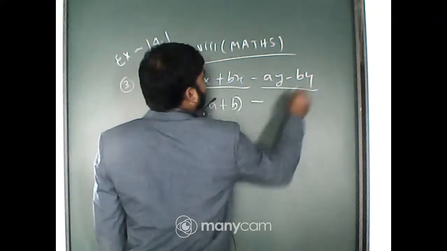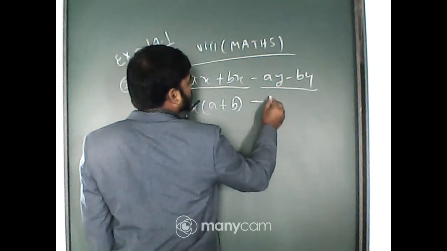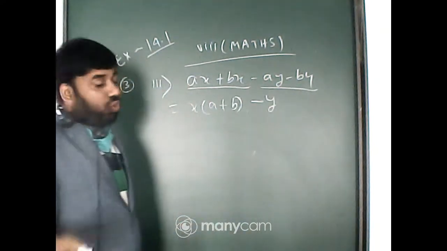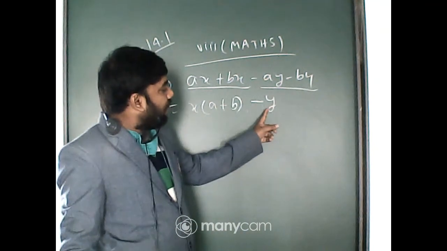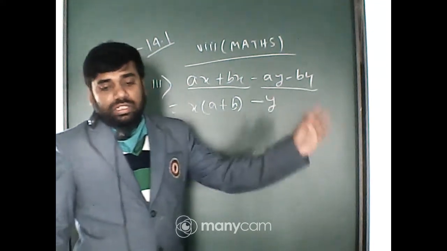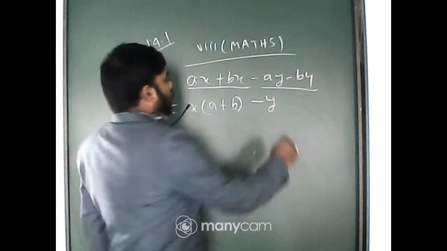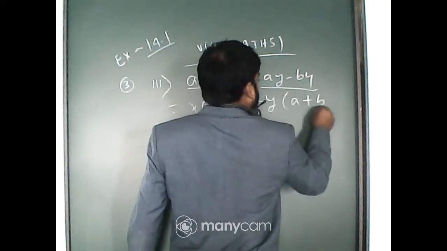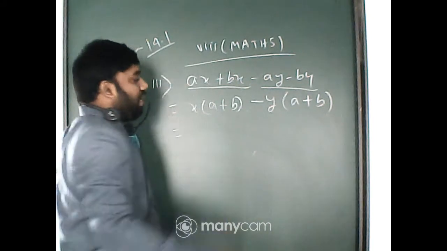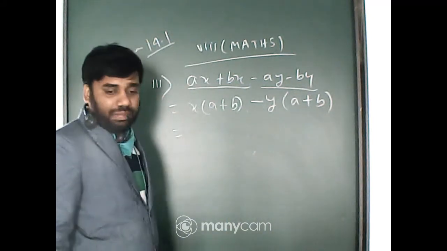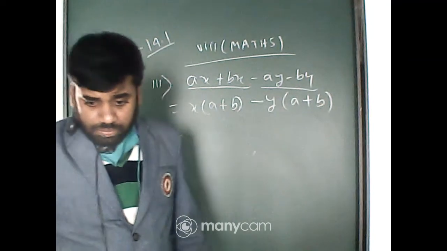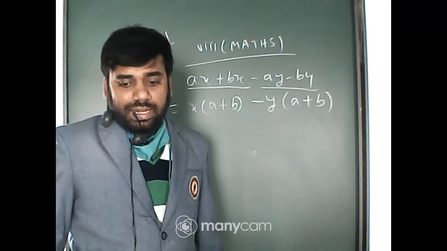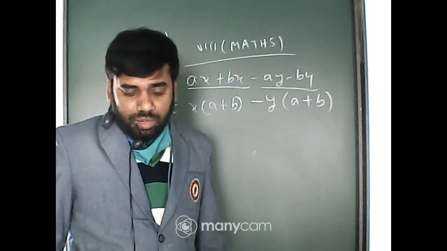And from these last two terms take common minus y. So if I take minus y common, a and b turn into positive, so a plus b. Regarding this line, anyone have any problem?